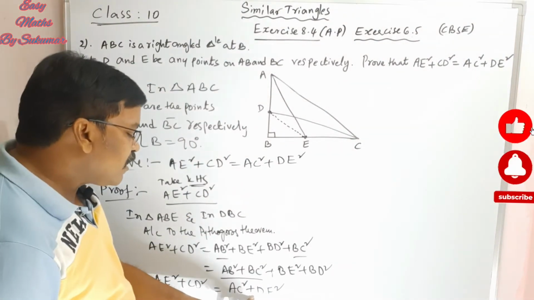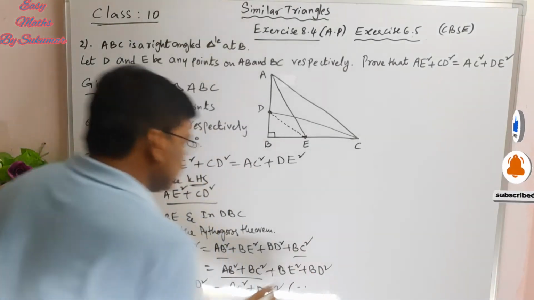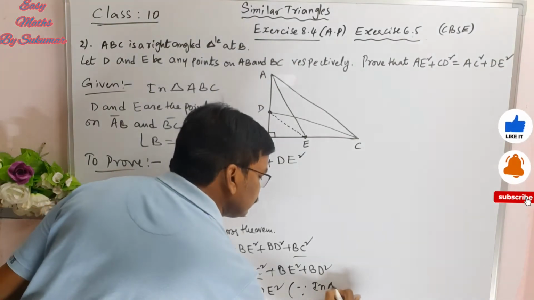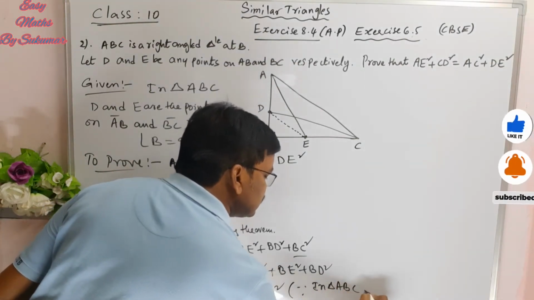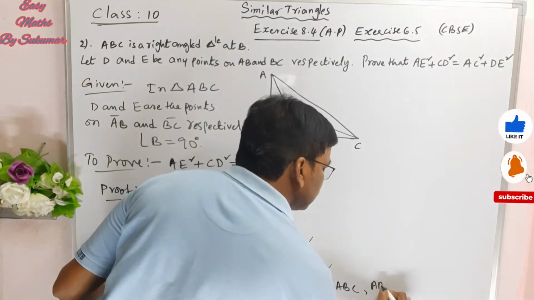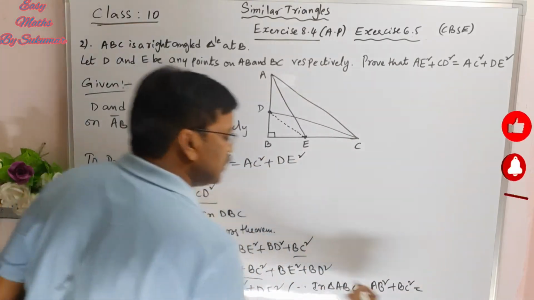So why have we taken this AC square plus DE square? Since in triangle ABC, AB square plus BC square is equal to AC square.